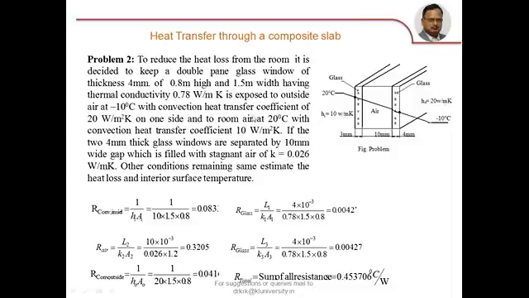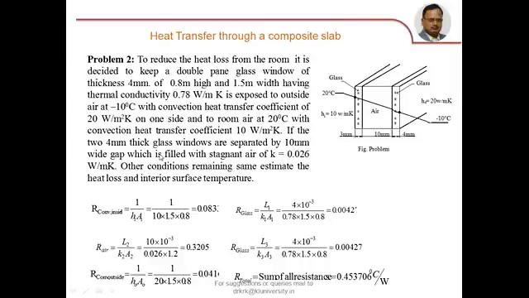This is not watt per meter Kelvin, it is watt per meter square Kelvin, as stated in the problem. On one side, and to room air at 20 degrees centigrade with a convective heat transfer coefficient of 10 watt per meter square Kelvin.